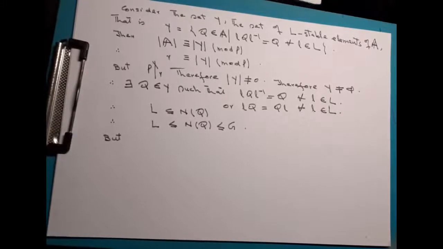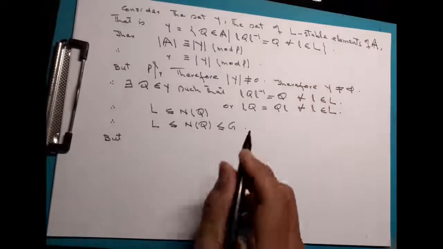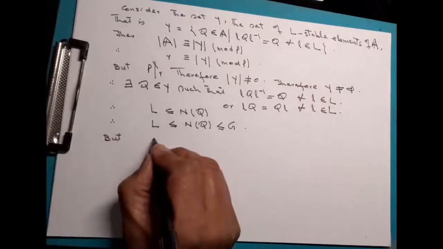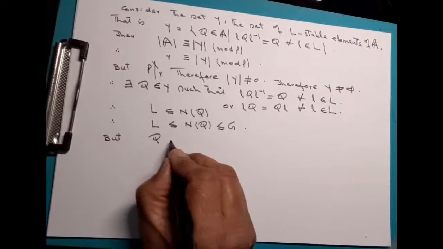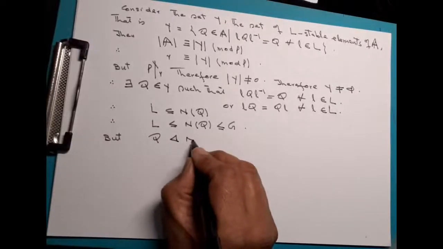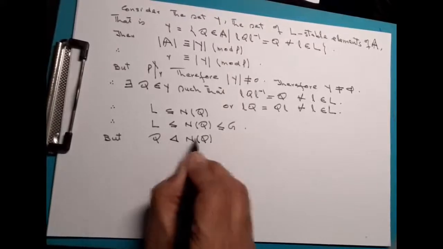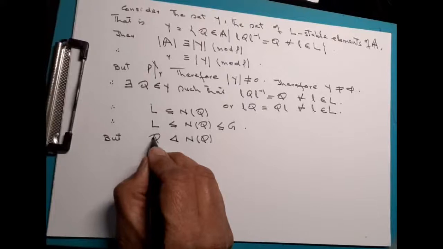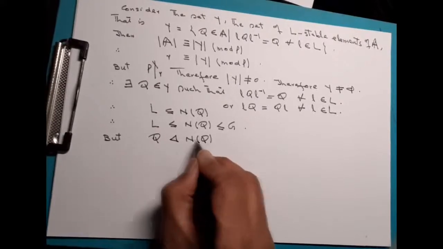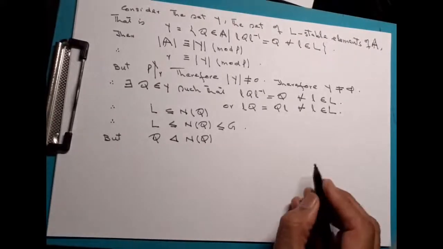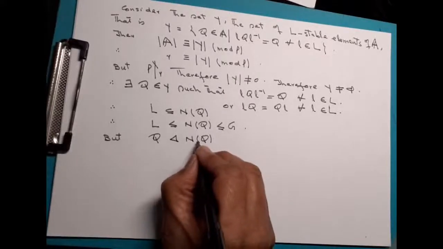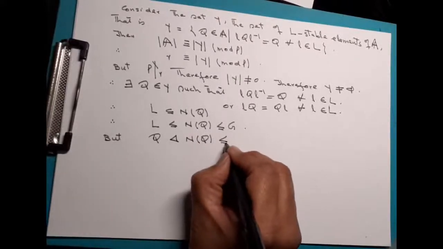We have already discussed that. So Q is a normal subgroup of the normalizer of Q, and the normalizer of Q is a subgroup of G.